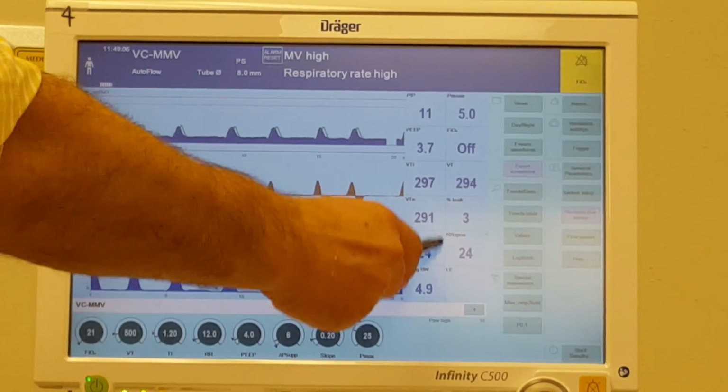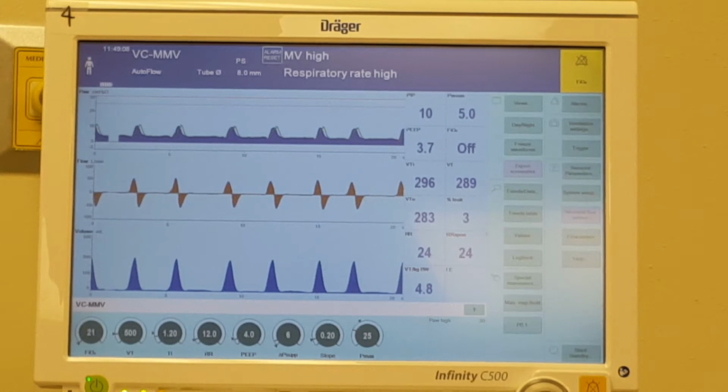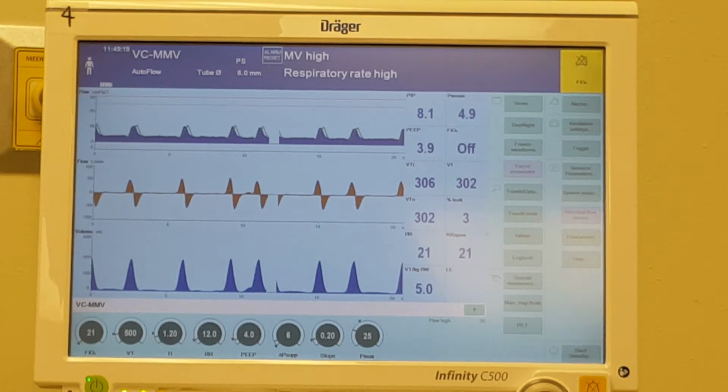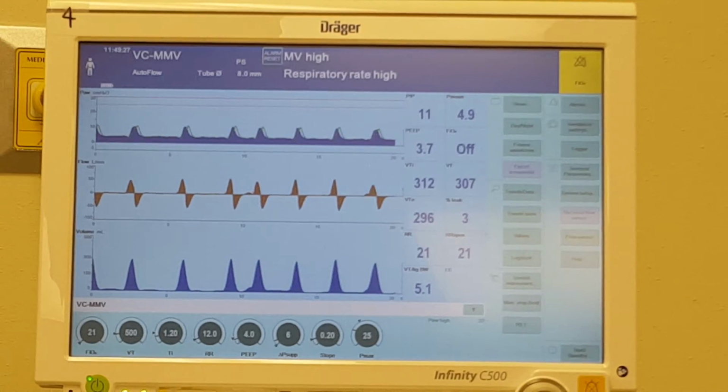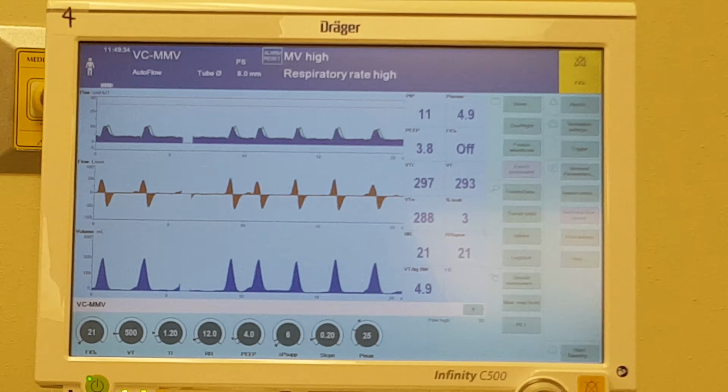Because when we have 20 times 300, which is my tidal volume, that will give us our mandatory minute ventilation, which is respiratory rate, set at 12, times a tidal volume of 500, so we need about 6 liters. So as long as we're breathing 20 times 300, we don't need any machine breaths because the patient is breathing the 6 liters required.